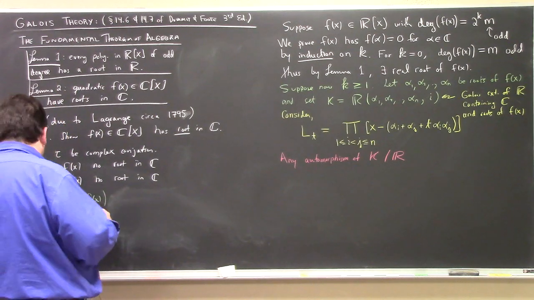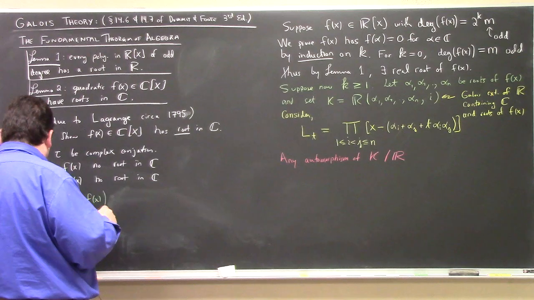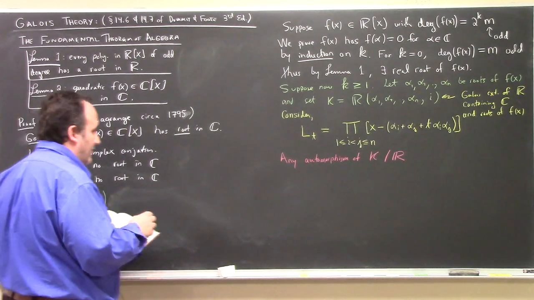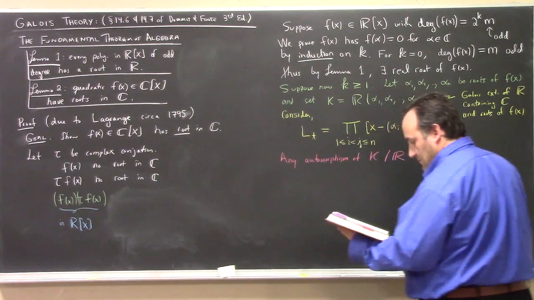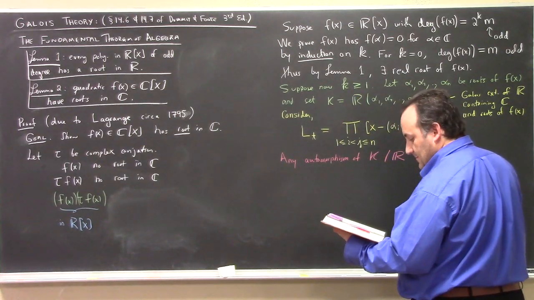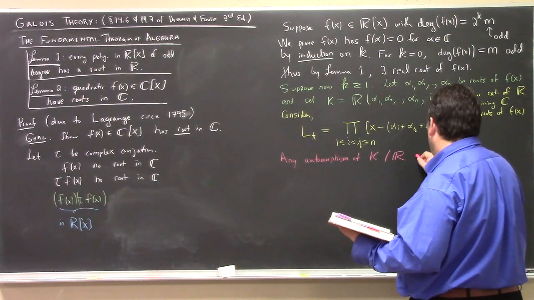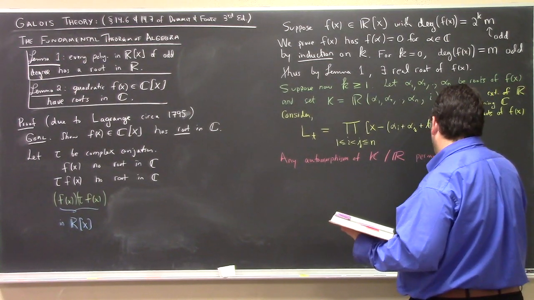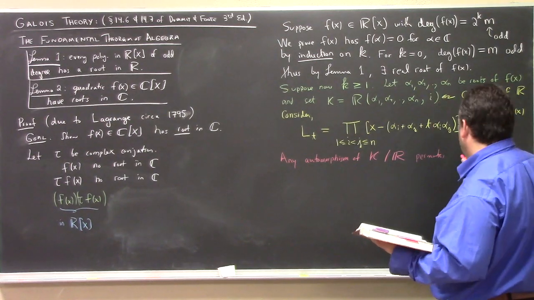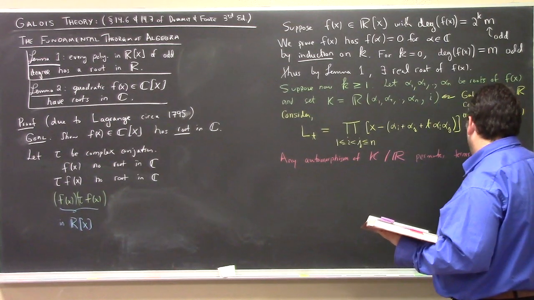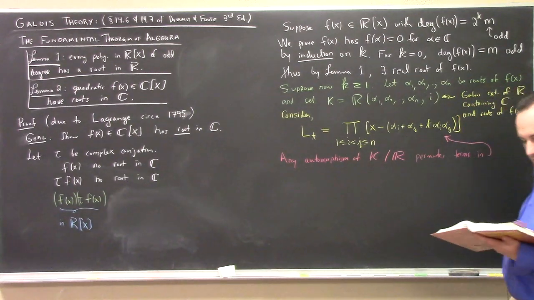So the coefficients of L sub t are invariant under all the elements of the Galois group of K over R.